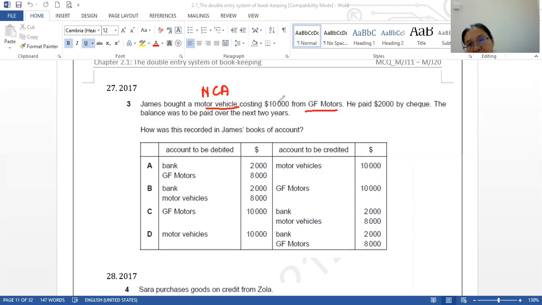From GF 10,000, paid by check 2,000, so this one is a credit bank. Total amount of the motor vehicle is 10,000, so GF will be 8,000. So your double entry will be debit motor vehicle 10,000, credit bank 2,000, credit GF Motor 8,000.